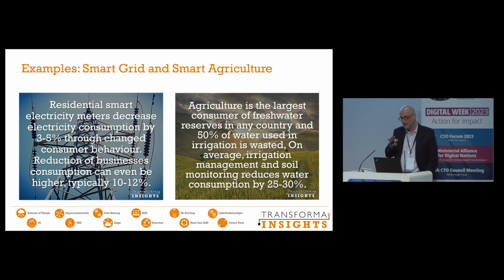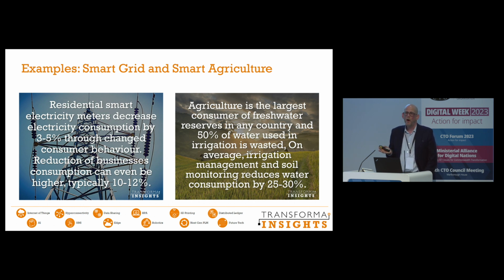So that's 3 to 5% of all domestic, residential, and business usage, same sort of dynamic. In fact, across businesses, it's even greater, 10 to 12%, probably because the savings are that bit greater, and also you've got somebody employed to watch this stuff. So significant benefits associated with that.